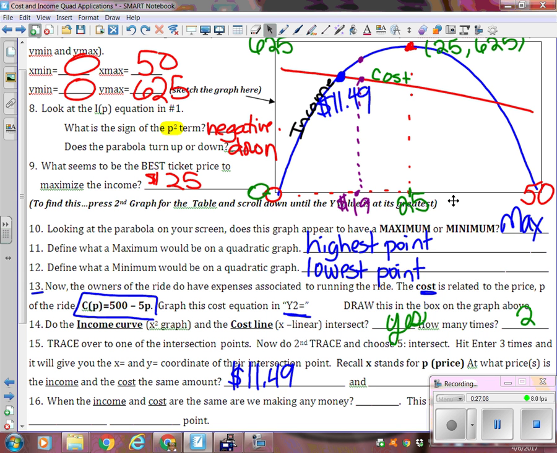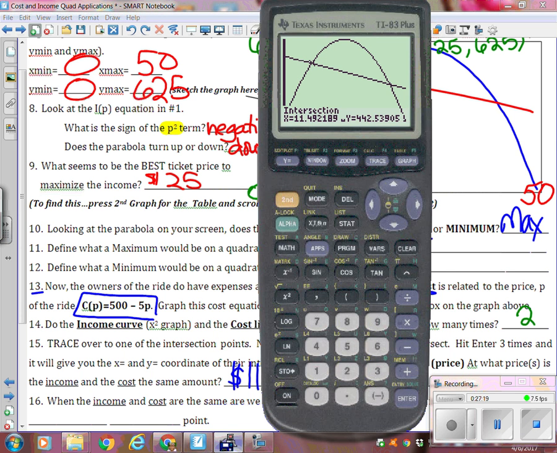I need you guys right now. Go back to the graph. Trace to the other side and do intersection a second time, and let's see what you come up with. Trace. I'm going to trace closer to the other side.